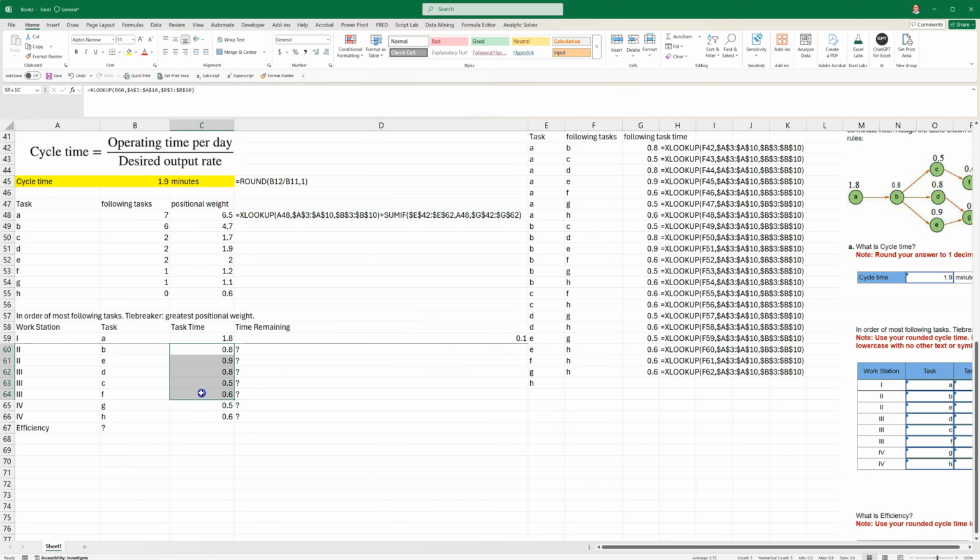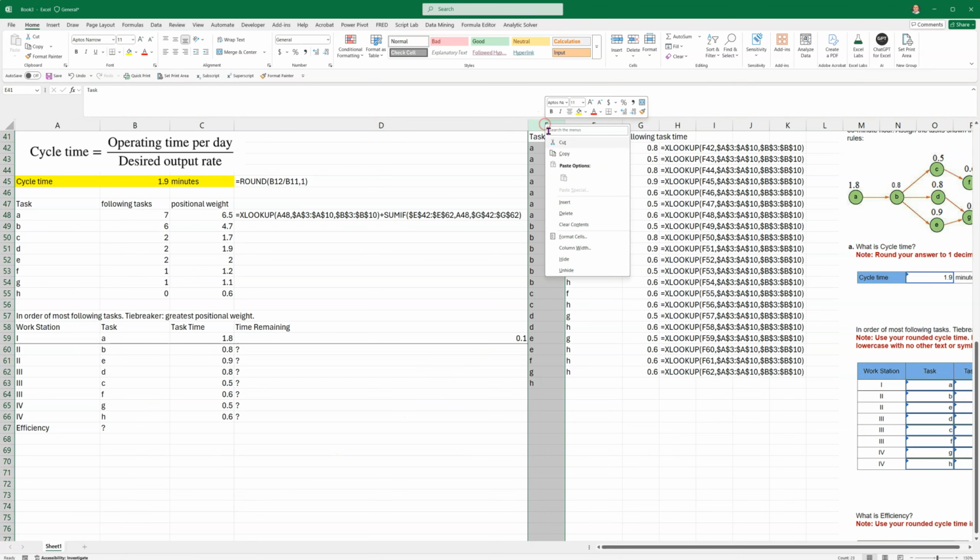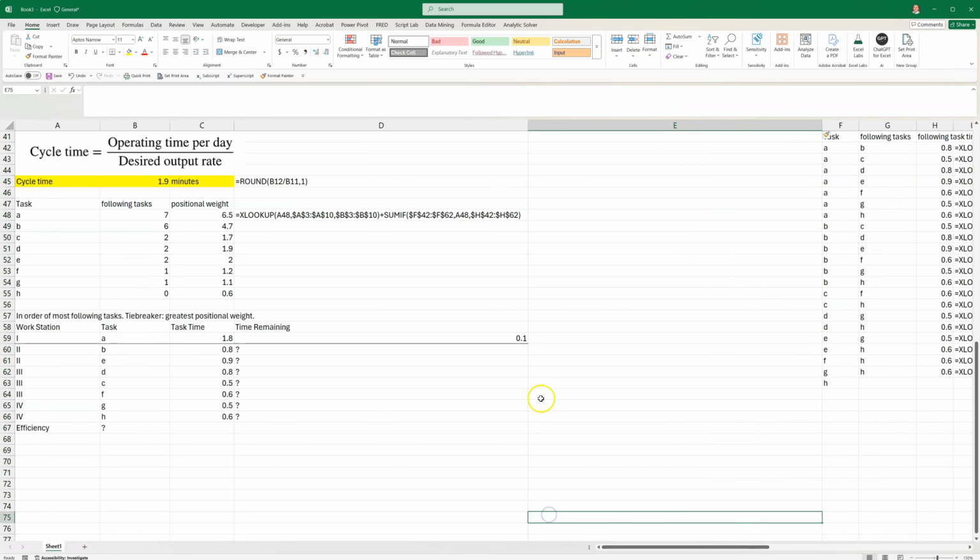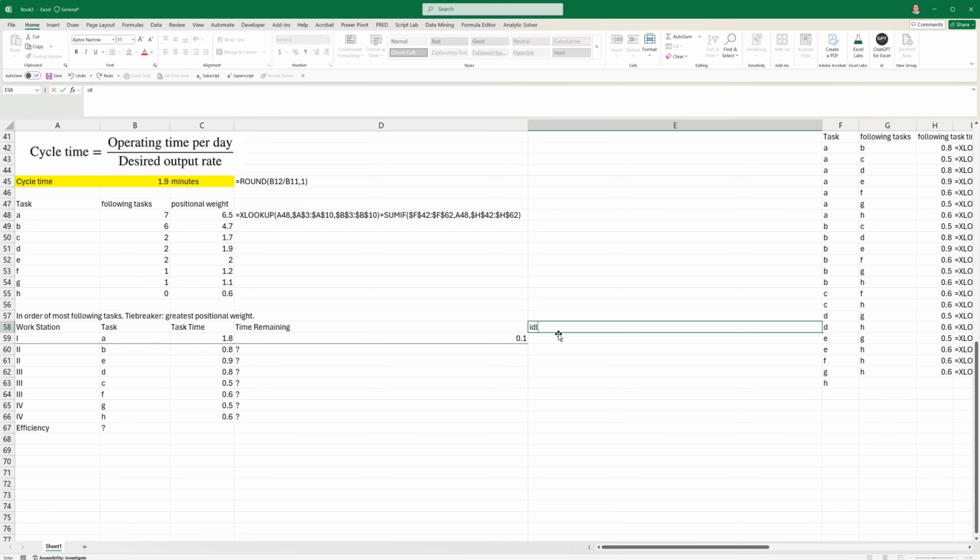These all take a lot more time, right? So that's basically idle time. This has got idle time. So that worker, when he's done, has 0.1 minutes left. So I'll just put a 1 here to say that's the idle time.